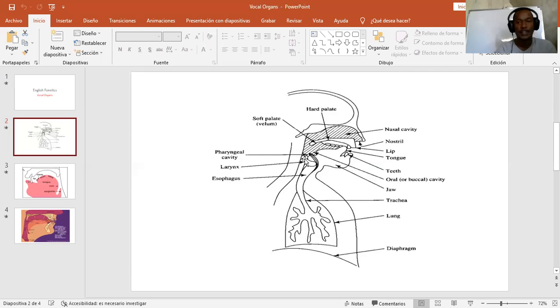The shape of the vocal cords is like slatty tissues. They are joined at the front of the larynx at the level of the Adam's apple, and are capable of movement horizontally. When the vocal cords are close to one another, the sound that is produced is voiced because there is vibration.